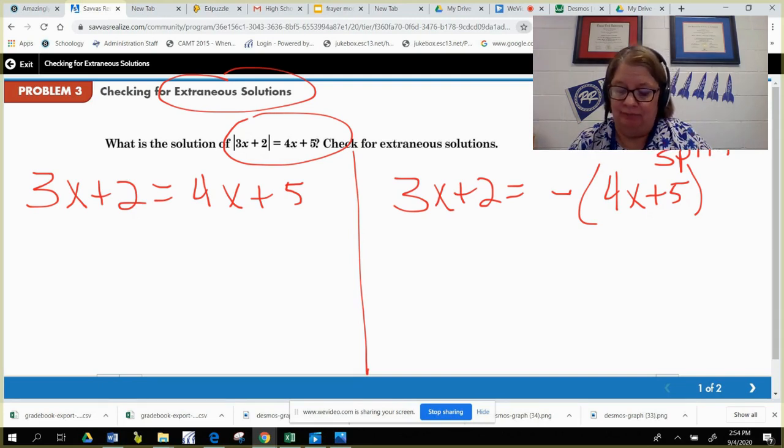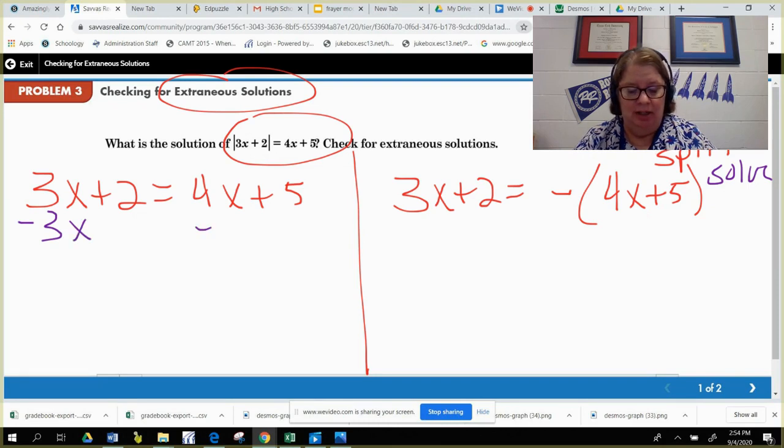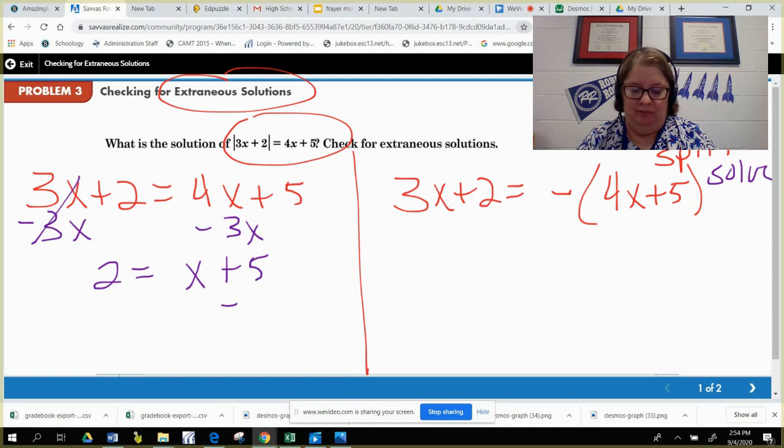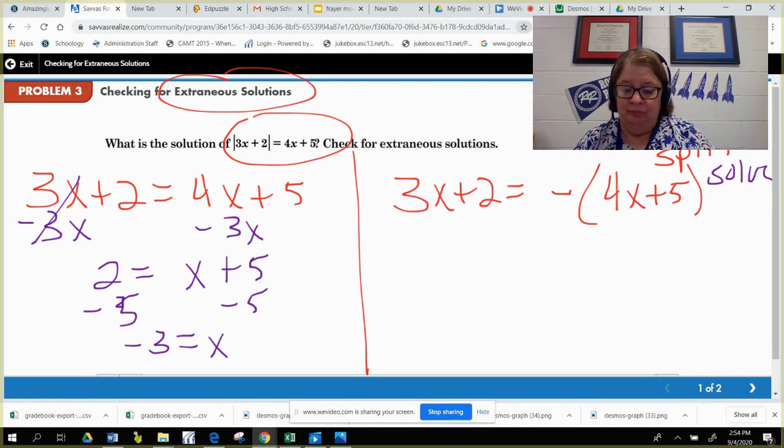Okay, we isolate, split. Next thing is solve. So here I'm going to get the x's on one side. It does not matter if you subtract 3x or you subtract 4x. So now these subtract out and I have 2 equals x plus 5. Subtract the 5, and I get negative 3. On this side, distribute the negative.